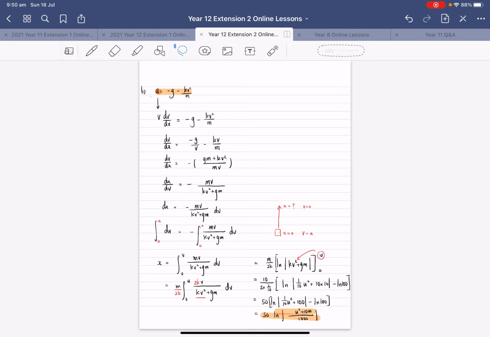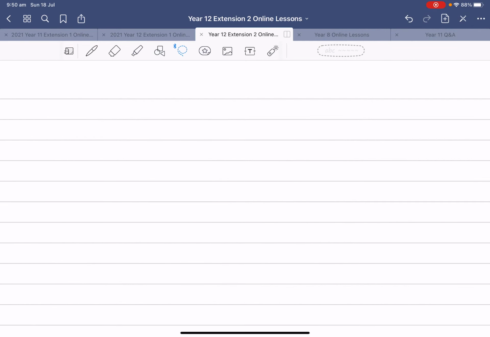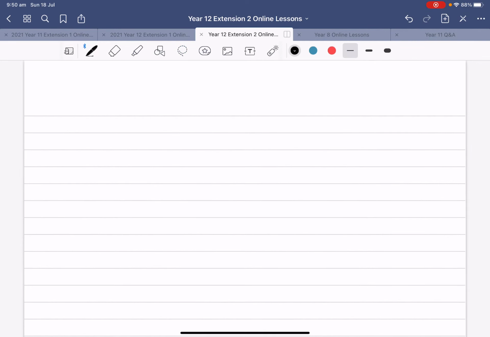Same thing, I need to copy this one down first, and then I need to make some changes to that expression here before we can do the question. Let's do that. All right, so question C. If you look at this expression here, this is the expression for going up, right? The particle is moving up.